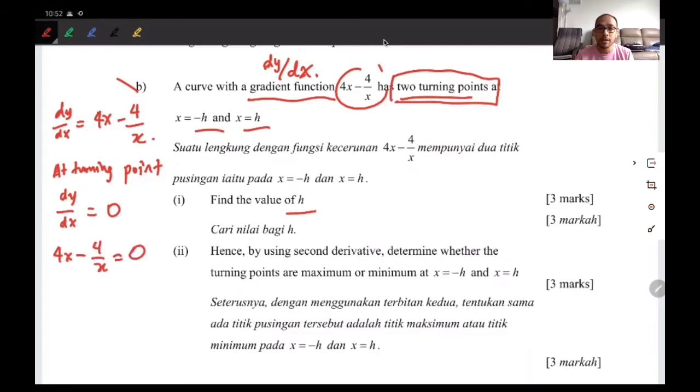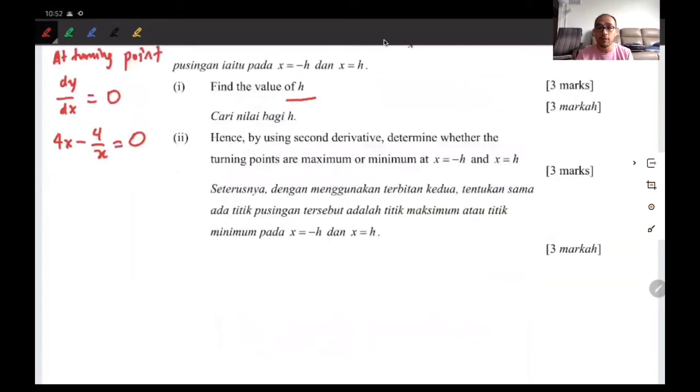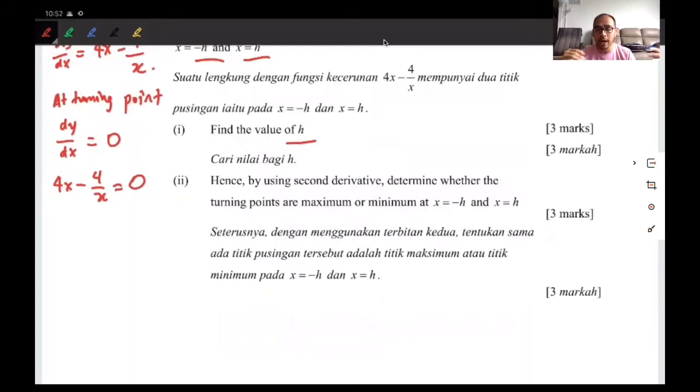Can. Okay. What I need to do is, obviously, multiply everything by x. So I will get 4x squared minus 4 equals 0. Multiply everything by x. And then when I factorise this, I will get x minus 1 and x plus 1 equals 0.